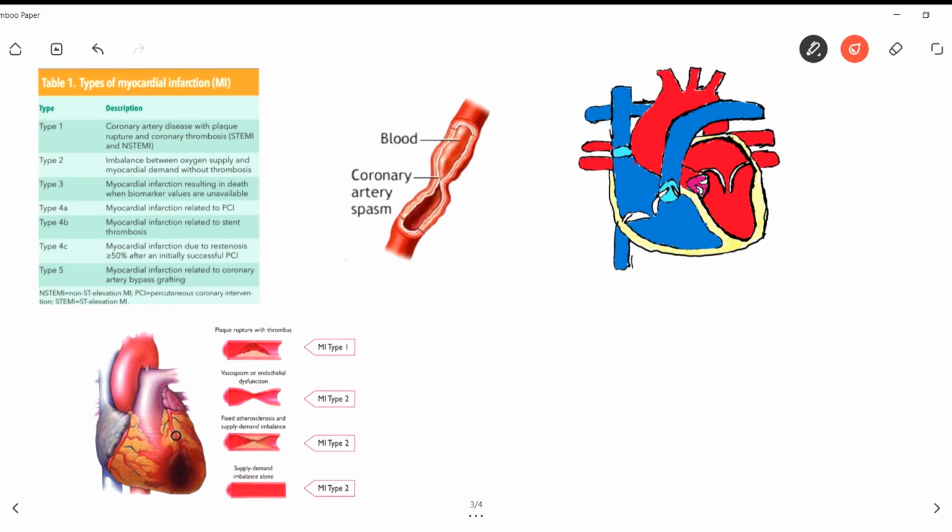Type 4 myocardial infarctions. The myocardial infarction is caused by problems associated with a previously done angioplasty. And finally, the type 5 myocardial infarction is caused by problems associated with a previously done coronary artery bypass grafting or surgery.